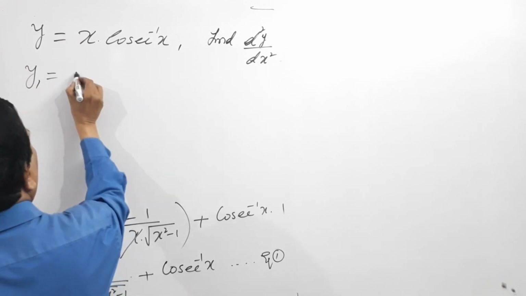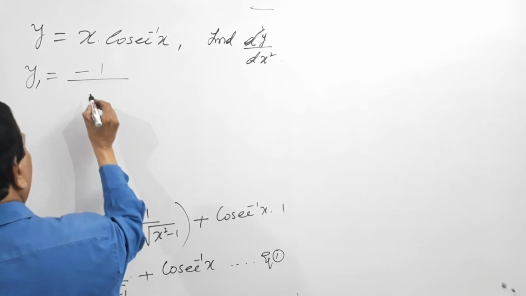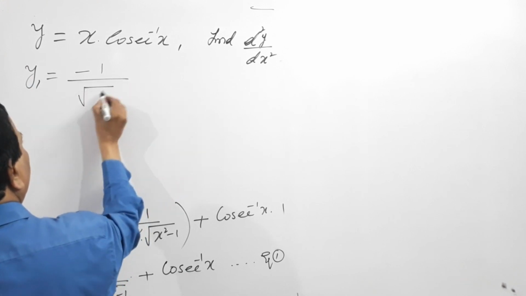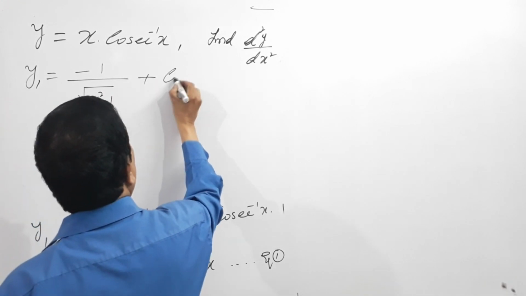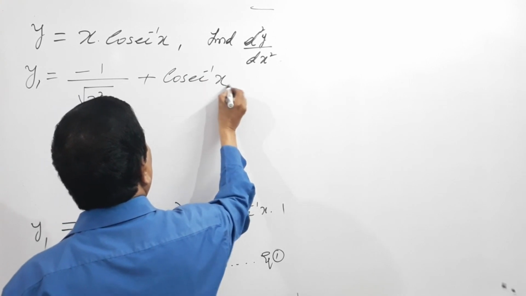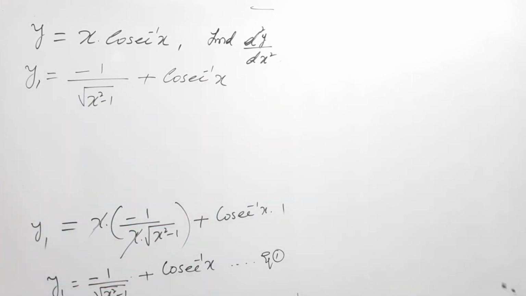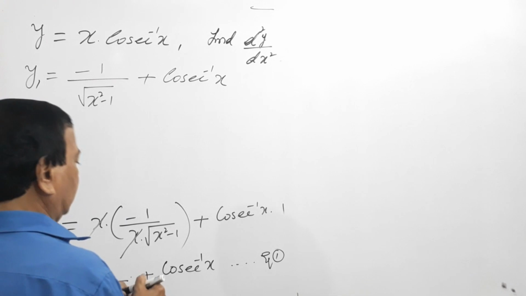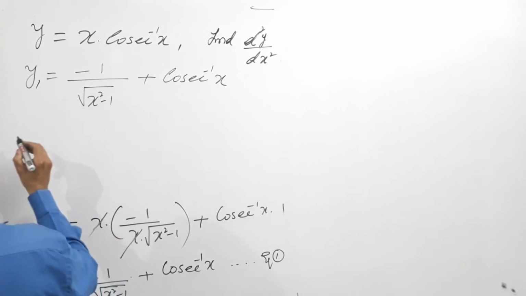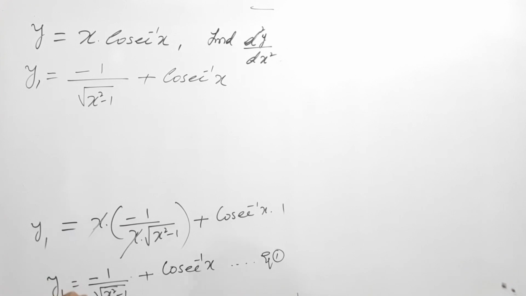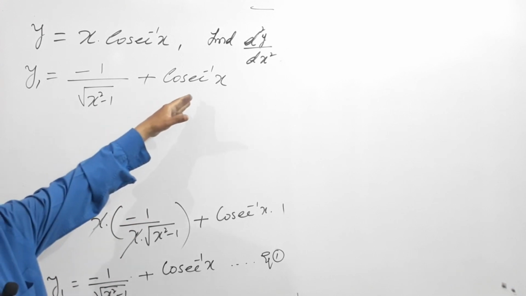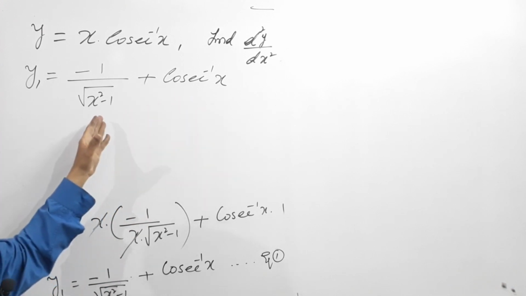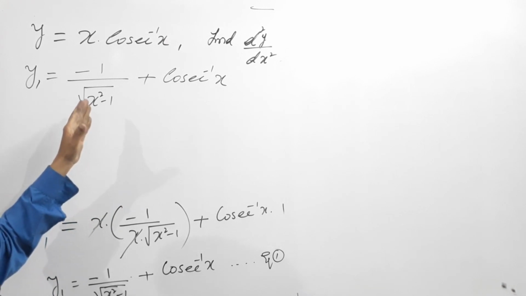y1 equals to minus 1 by under the root x square minus 1 plus cosecant inverse x. So what I'll do? So please note, dear students, this is not a standard form. This is differentiable, but this is hard to differentiate. What you have to do? You have to bring it to standard form.